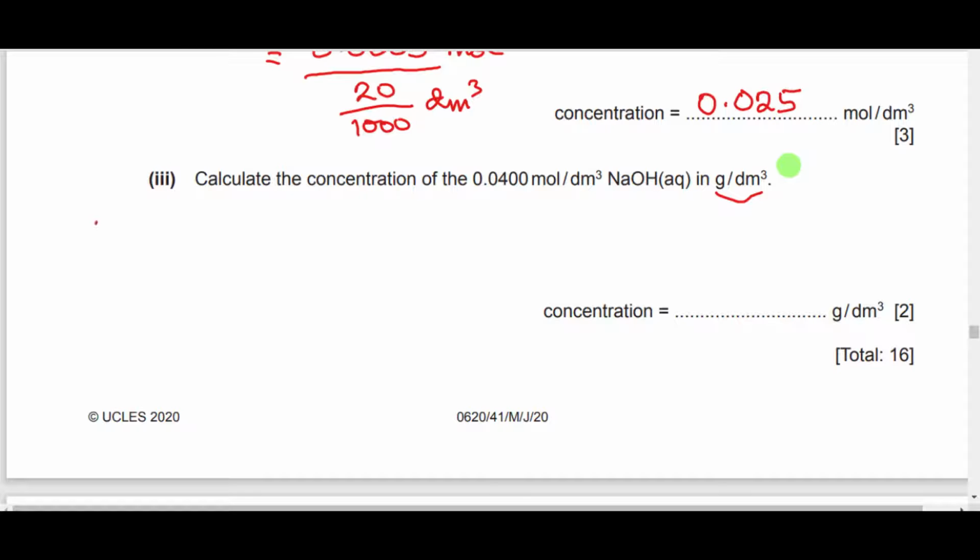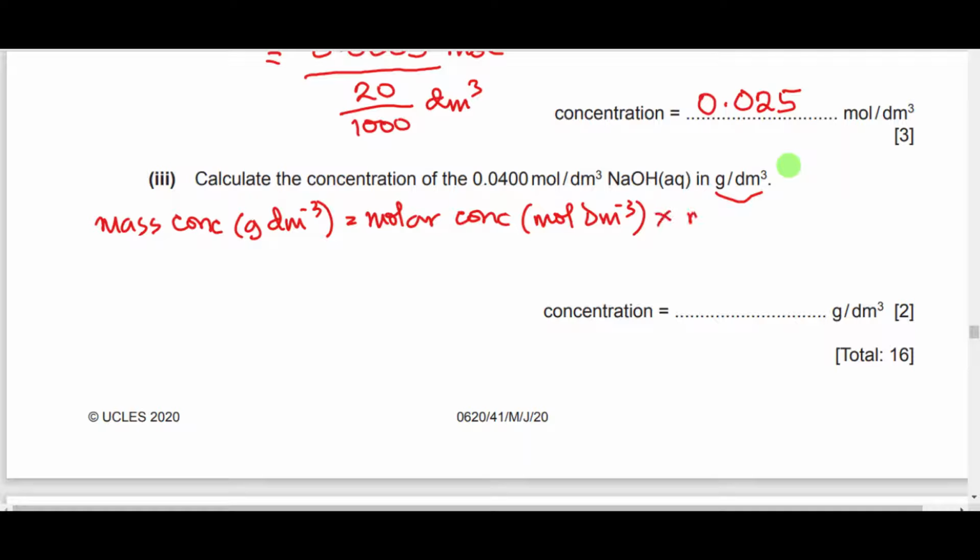Mass concentration, which is concentration in grams per dm³, is equal to molar concentration, which is concentration in moles per dm³, times molar mass.